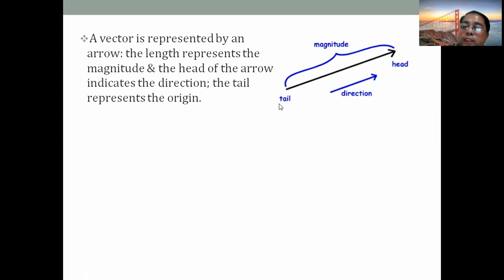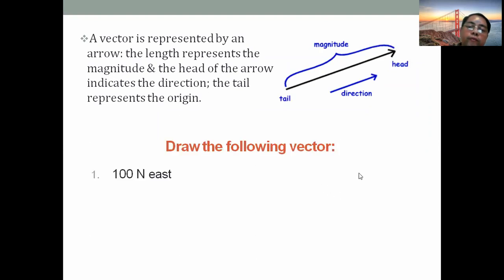It will always have a starting point, which we call the tail, and it will have a direction where it is going, indicated by the head of the arrow. So our arrows have heads and tails. A 100 Newton force is a much longer arrow when we draw it compared to a 50 Newton force.